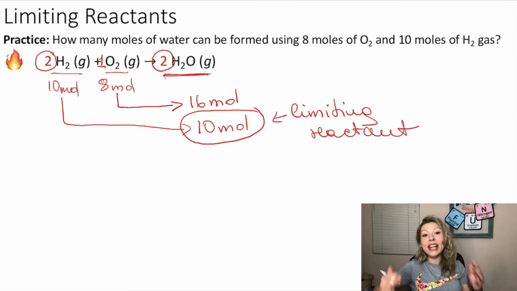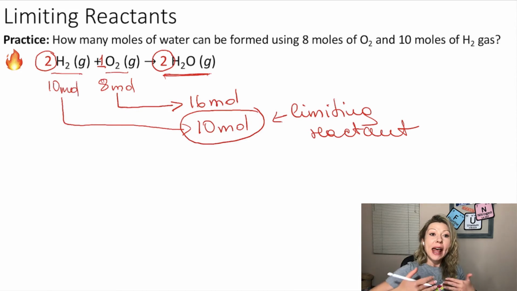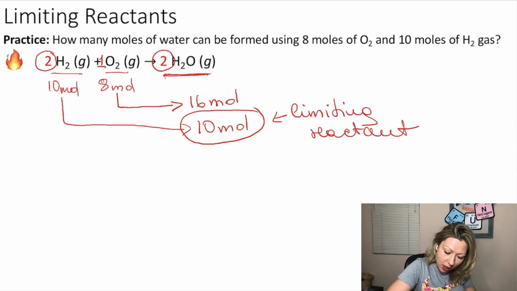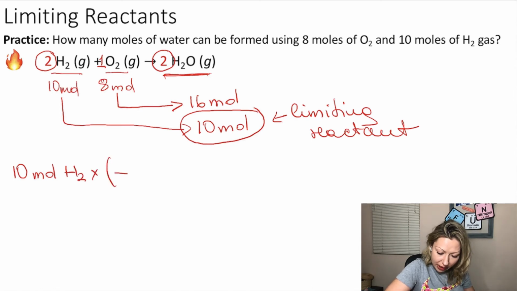Okay, now let me prove to you that I will run out of hydrogen gas first in another way. Let's calculate how many moles of O2 we would need to use up all the H2 that we are given. So we are given 10 moles of H2 gas and we want to calculate how many moles of O2 we need.